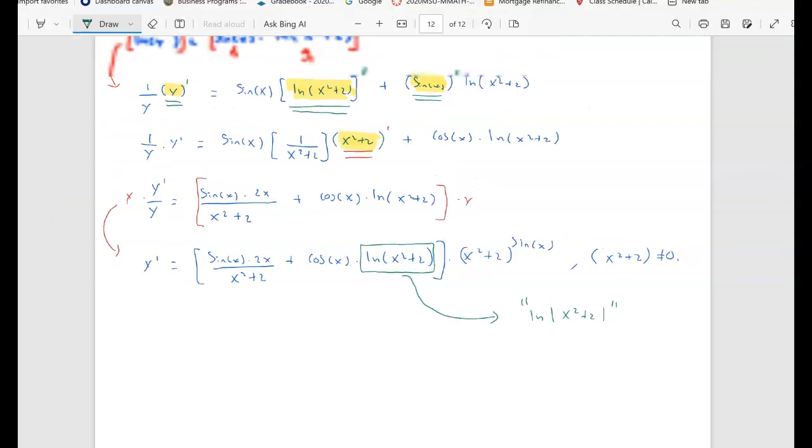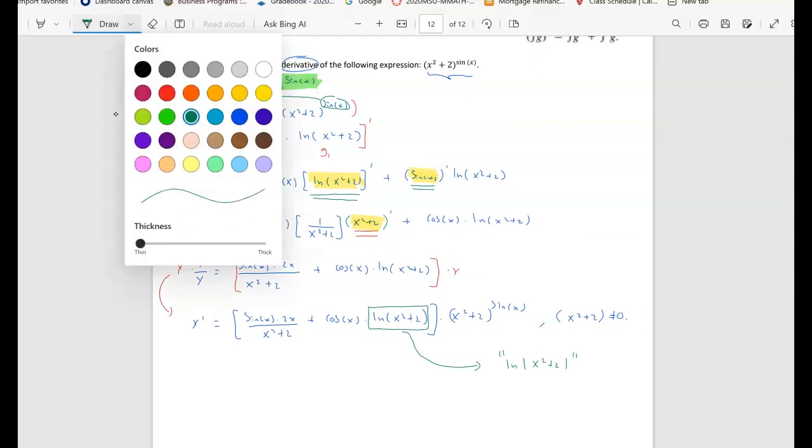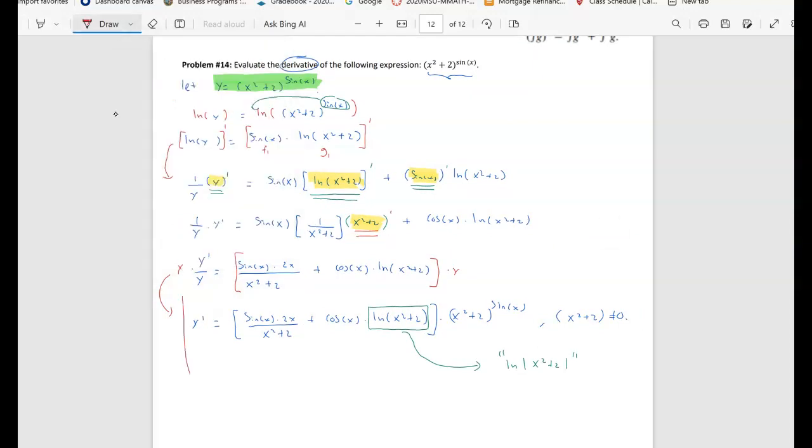And let me just display the entire problem. That's actually it for problem 14.